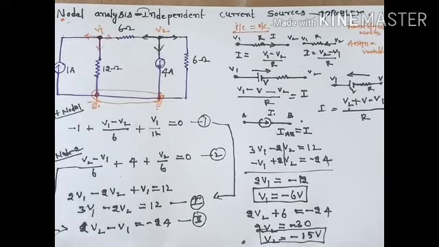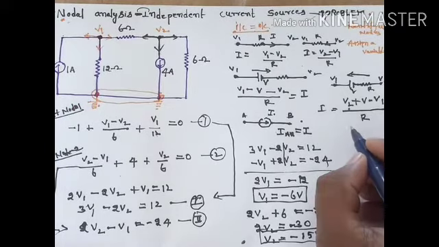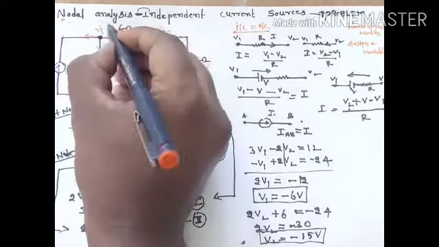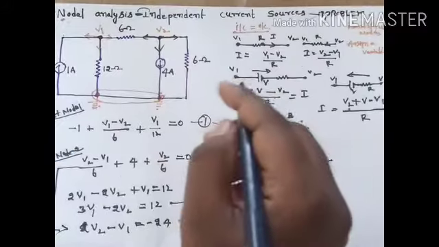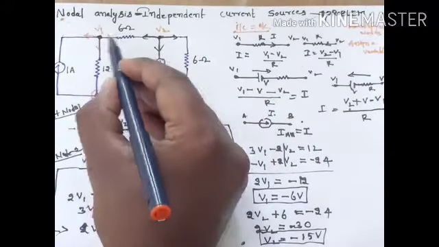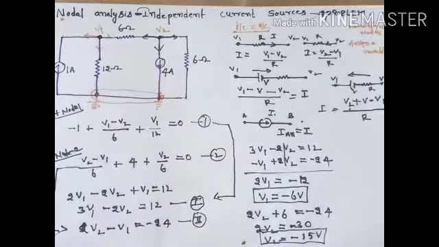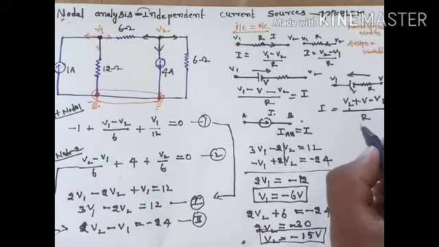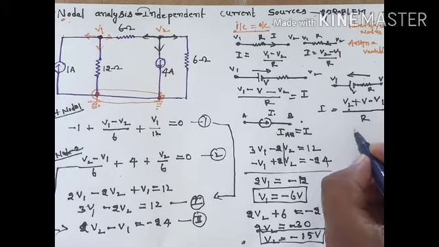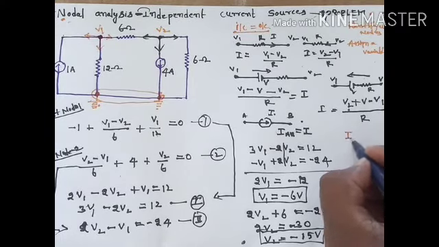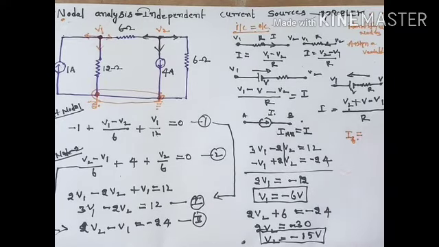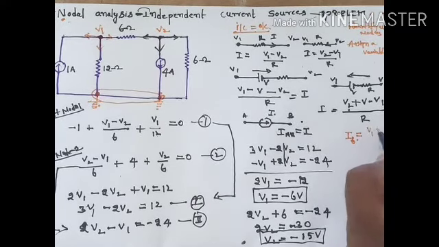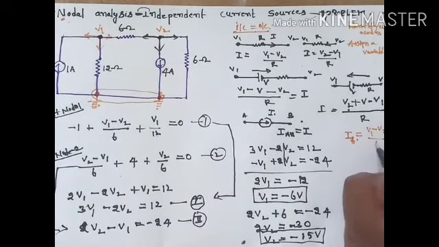For example, if you want to find the current through the 6 ohm resistor branch, I6 is equal to (V1 minus V2) by 6.